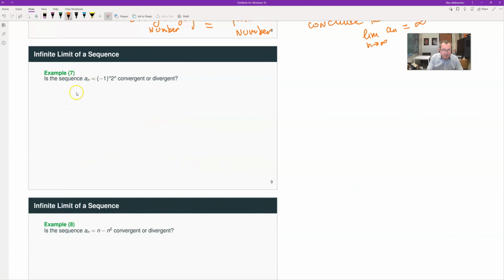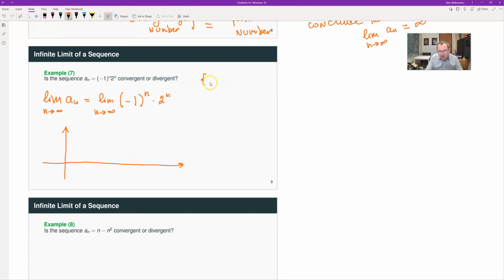Here's another example. Here we have a sequence a_n, and we're again looking to check if the sequence is divergent or convergent. And in this case, the formula for the element of the sequence is as follows. You'll have -1 raised to n, and you'll multiply by 2 raised to n. Well, let's take a look at the graph of that sequence.